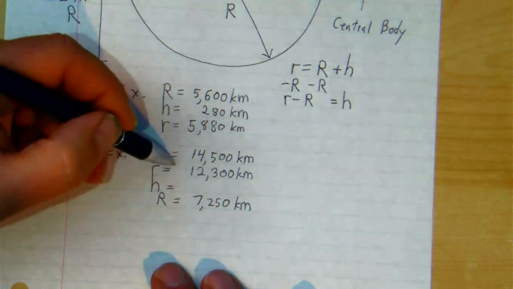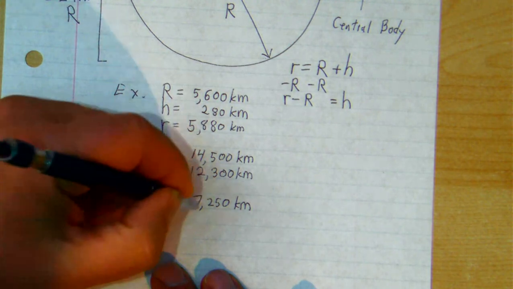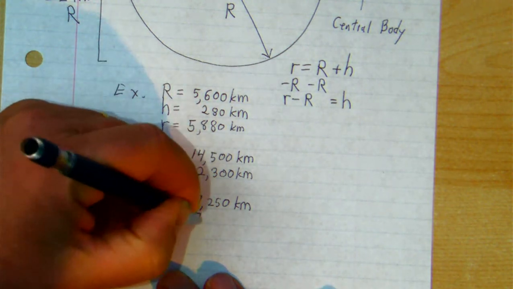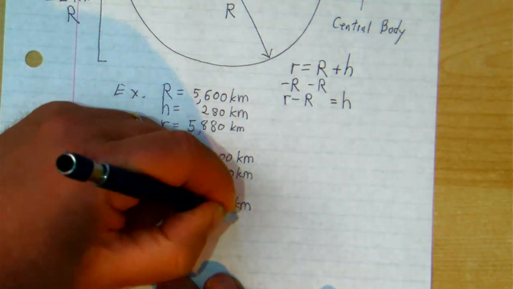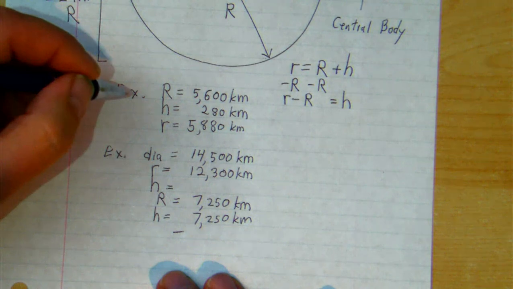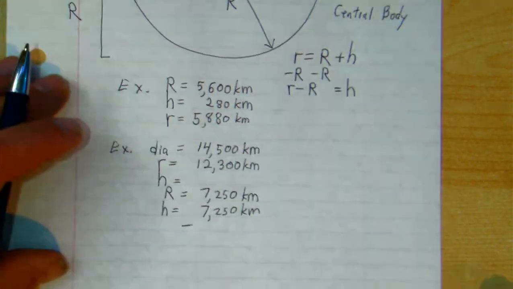Now, to solve for the altitude, h, I'm going to do this planetary radius, 7,250 kilometers, and subtract from it. I'm sorry, I am doing this slightly wrong, right?